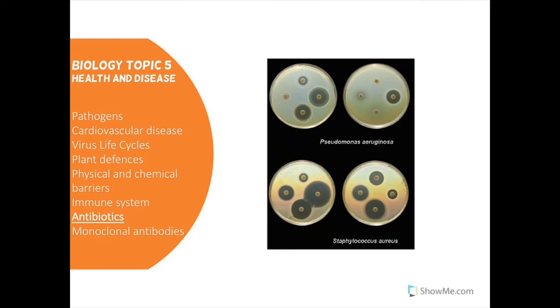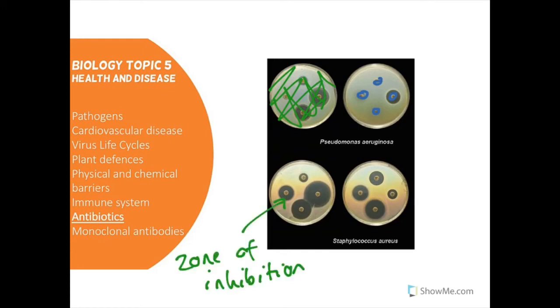If your infection doesn't go away, they can send that sample off to the lab. They will grow that bacteria on a plate, and they will insert antibiotics on the plate. There will be a zone of inhibition around the antibiotics.